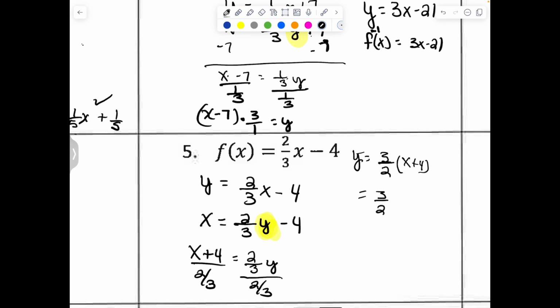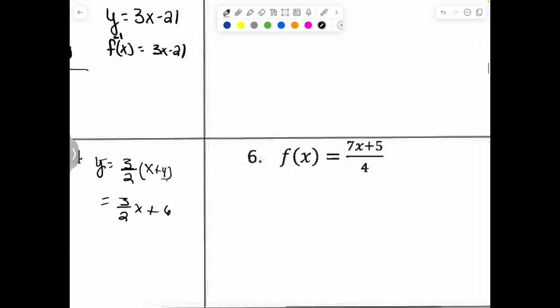So that'll give me 3/2 x plus 6, because 3/2 times 4, if you use your calculator, you'll see that that is 6. Okay. All right. This last one that I'm going to do, we're going to set it up the same way. This is still a linear function, so it's 1-to-1, so I know I can take the inverse.